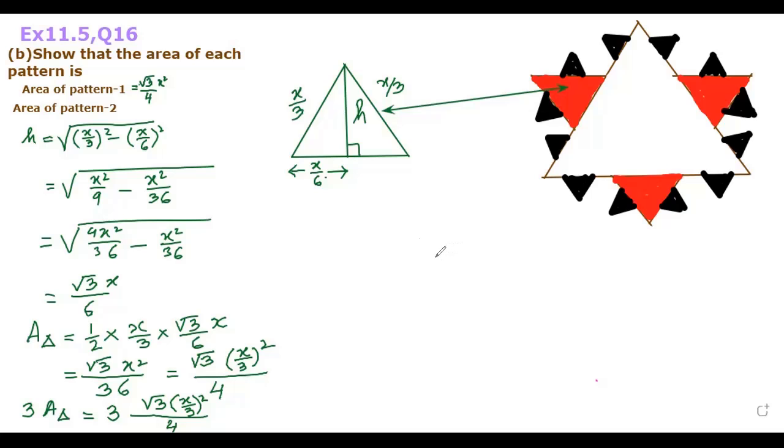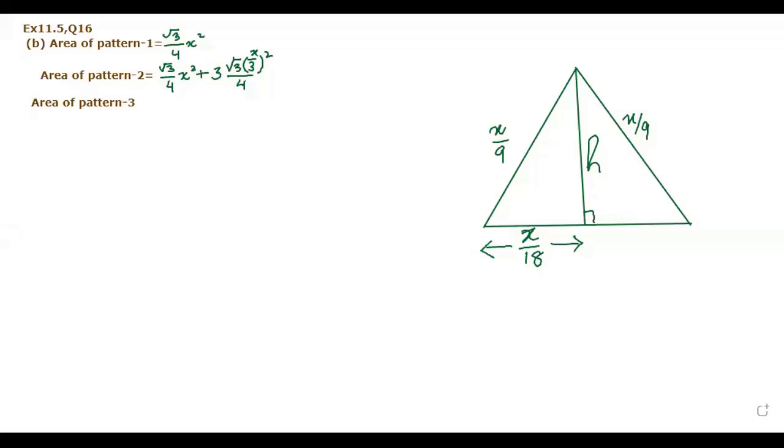So that will be equal to root 3 x square upon 4 plus 3 root 3 x upon 3 whole square. So this is the area of pattern 2.